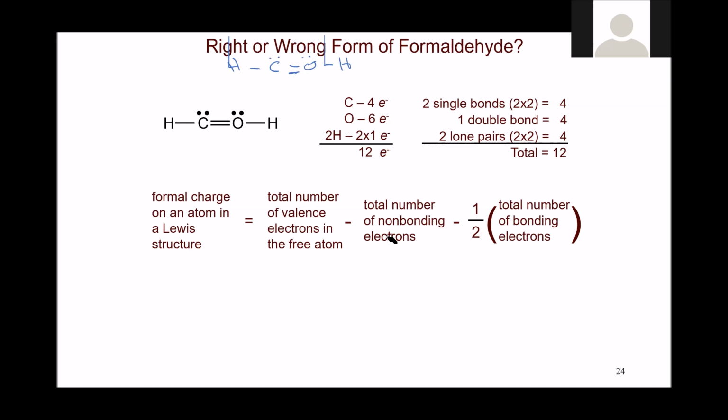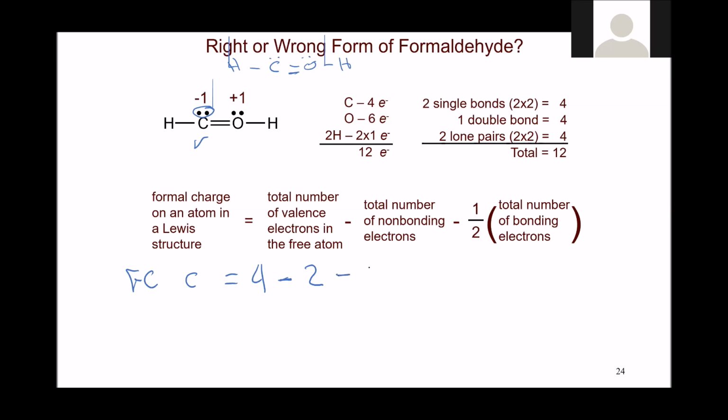So if we calculate this for carbon, it's going to be valence electrons in the free carbon atom. How many valence electrons in a free carbon atom? 4. Yeah, it is 4. Thank you. How many lone pairs around the carbon atom in this compound here? 1. So it has 2 electrons in lone pairs, right?